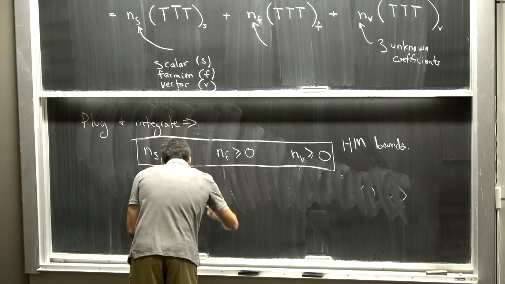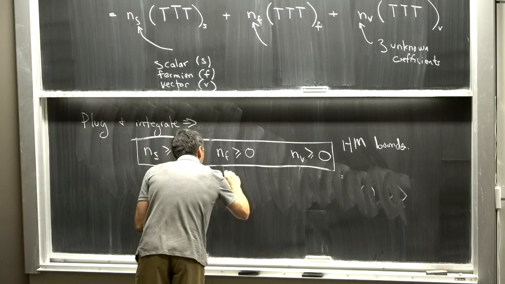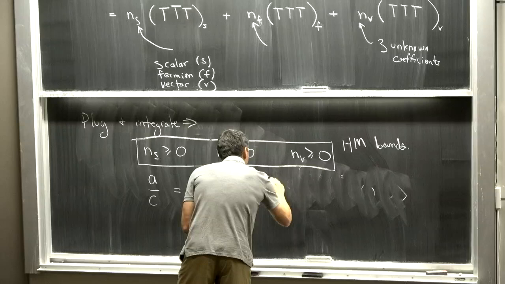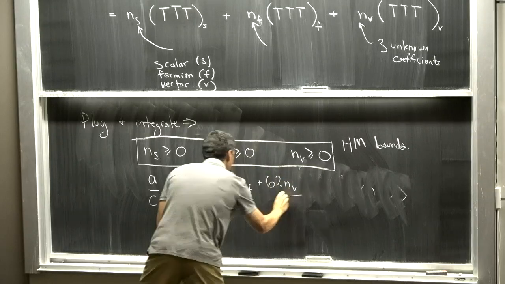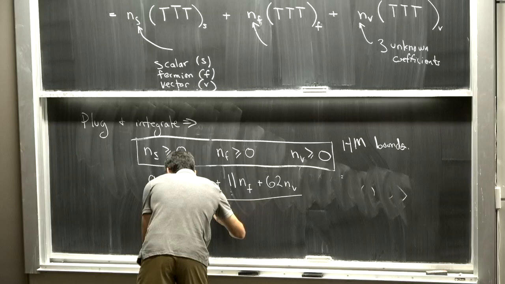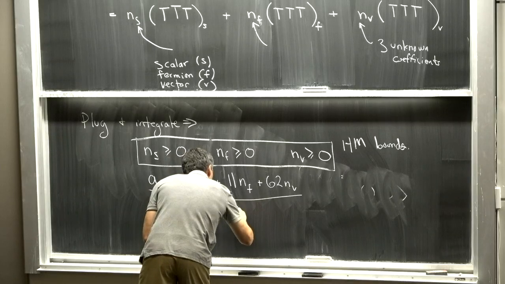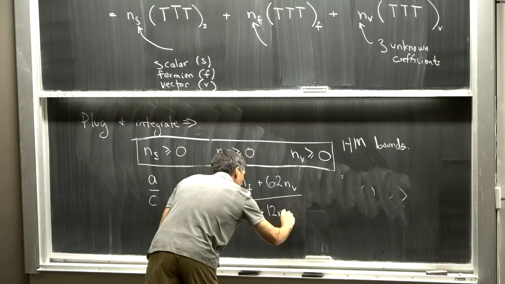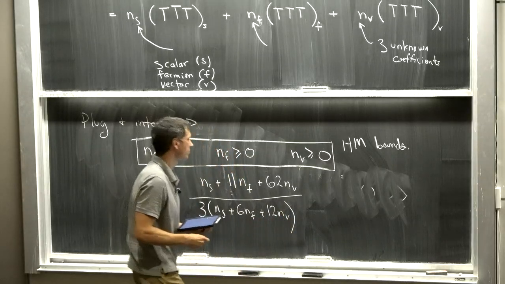And the ratio A over C is (NS + 11 NF + 62 NV) over 3 times (NS + 6 NF + 12 NV).